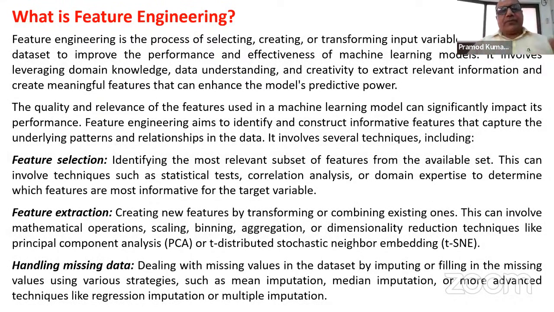When we say features, we mean the data set, because the data set is given in the form of features: feature 1, feature 2, feature 3. Each object will be defined by n number of features. So the question is how to play with the n features so that the output of the actual machine learning algorithm is more effective, or its performance is enhanced. That is feature engineering.